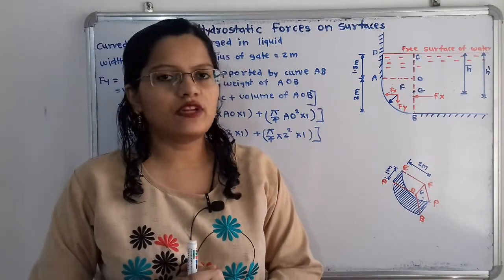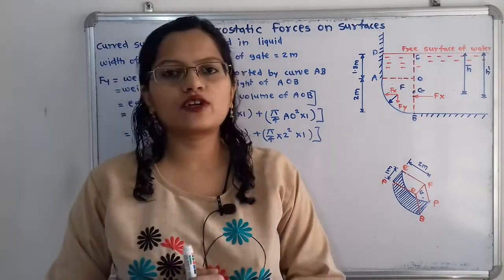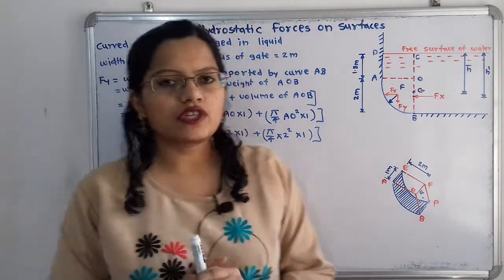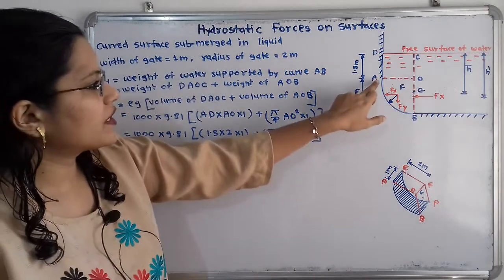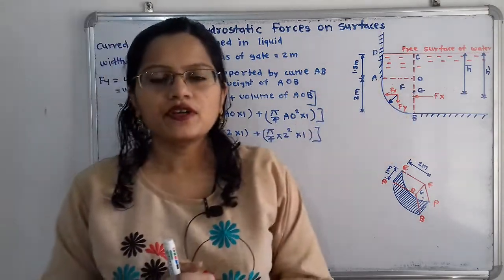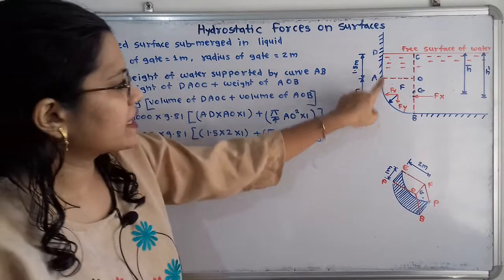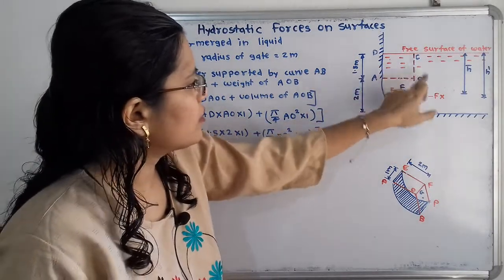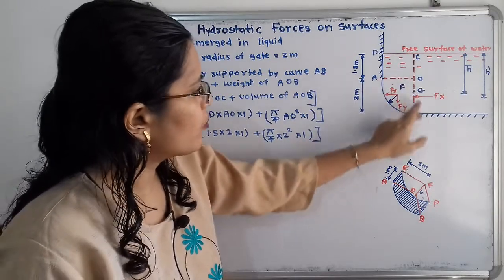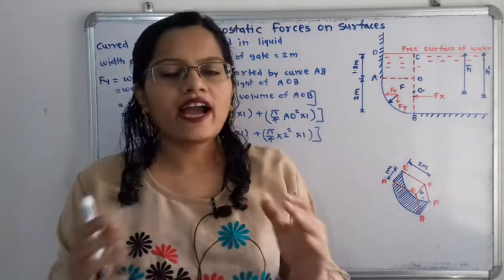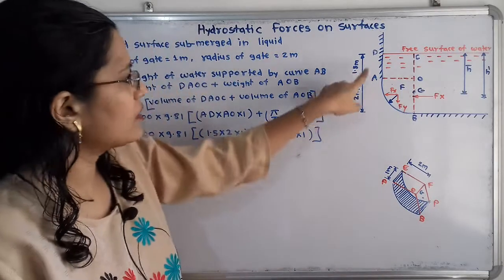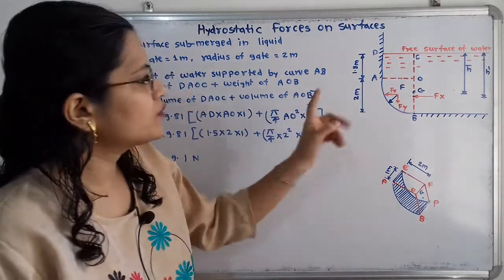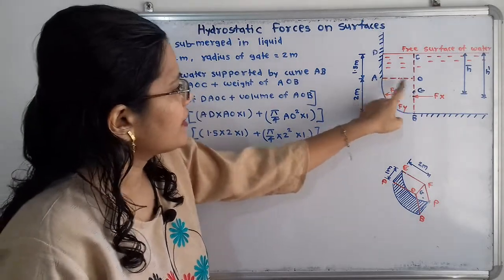Now we will calculate the vertical component of this force, that is Fy. If we observe, the weight of water is supported by this curve AB. Under this curve AB, there is the area ADCO as well as the area AOB. So we have to include the weight of water in area DAOC plus the weight of water in AOB.